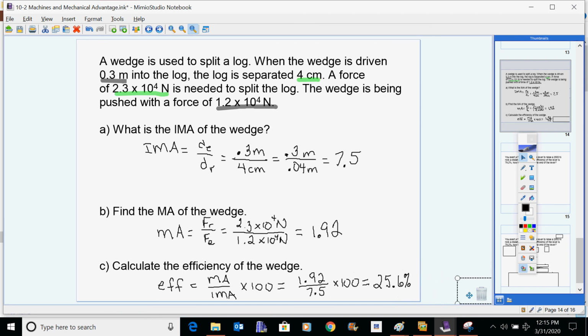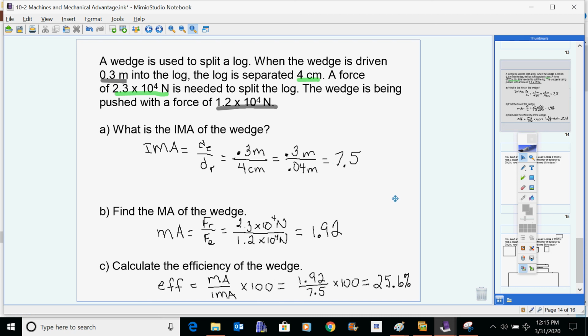So we find out that this wedge is only 25.6% efficient as far as the work in and the work that results because of it. So that's one way of thinking about the efficiency: the reality compared to what the ideal, or what perfect, would be if you could get rid of friction.